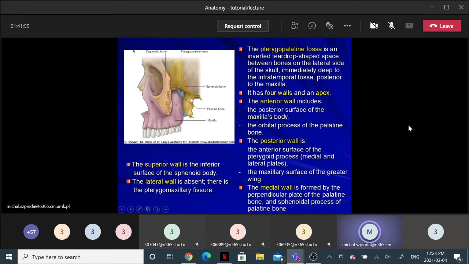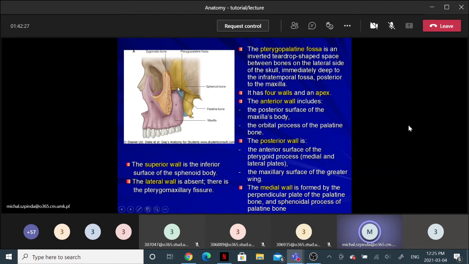Who is right? I don't know. The pterygopalatine fossa is just a conduit for neurovascular structures, referring to the nasal cavity, oral cavity, orbit, infratemporal region, and the middle cranial fossa.